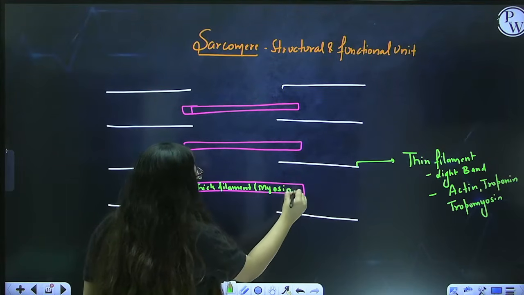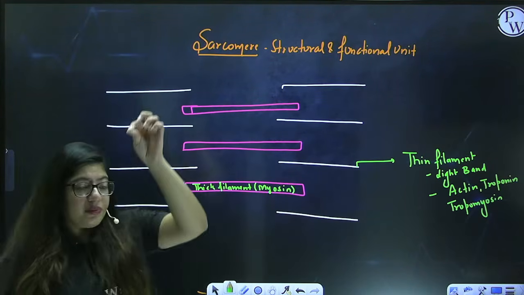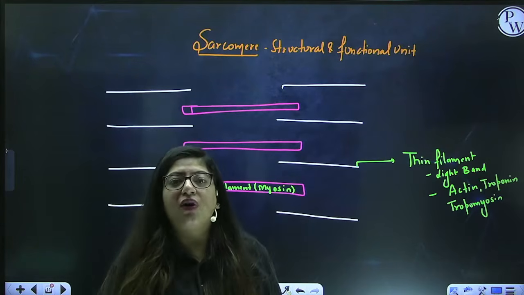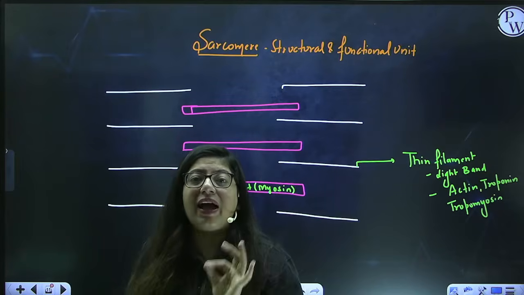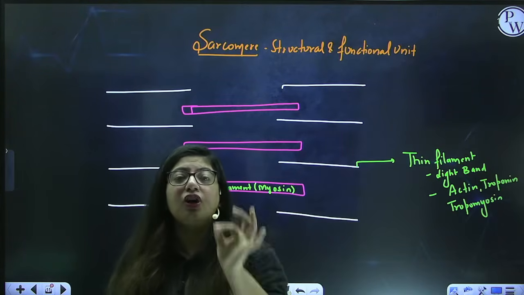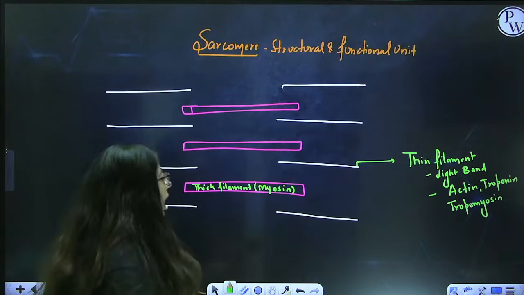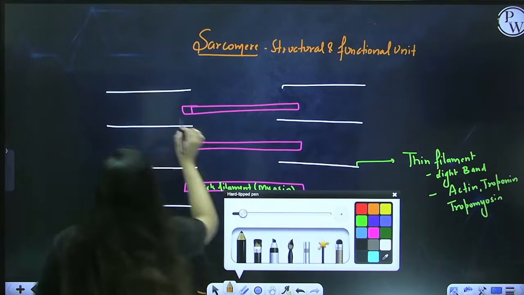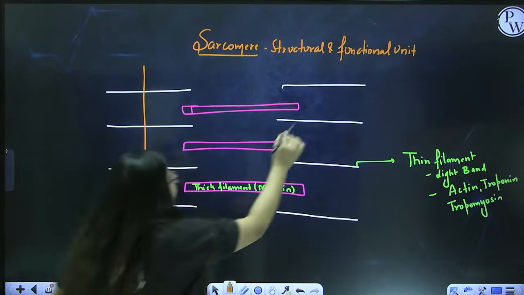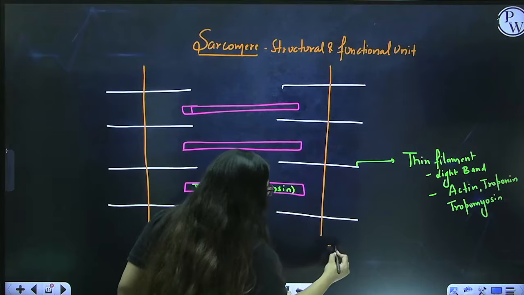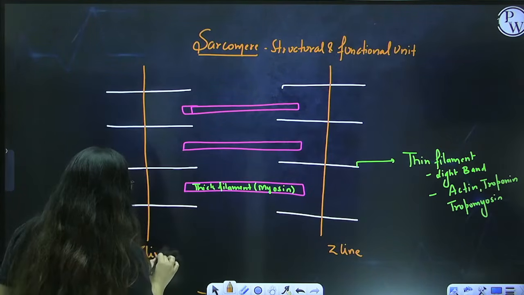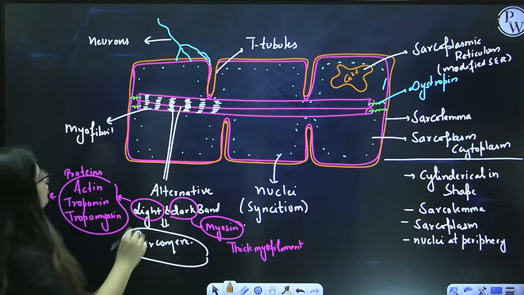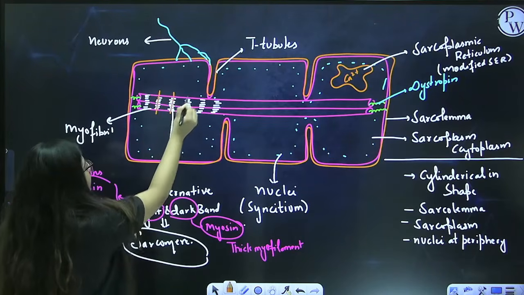Now, there is a thin line of protein that is bisecting your light band or your thin filament, and the name of that line is Z line. If you see this structure, there will be a line bisecting these.